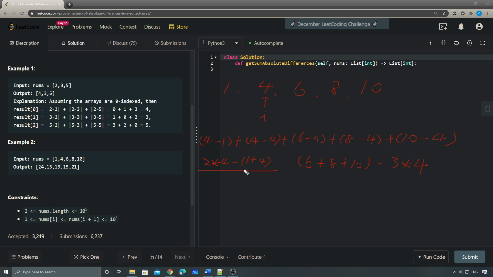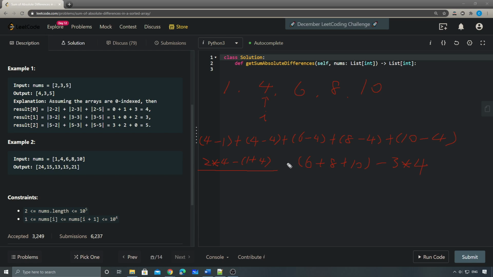So what do we have? We have a prefix sum and a suffix sum. The prefix sum is 1 plus 4, which is the prefix sum until i, and the second part is the total sum minus the prefix sum. This is the remaining sum of this array here.